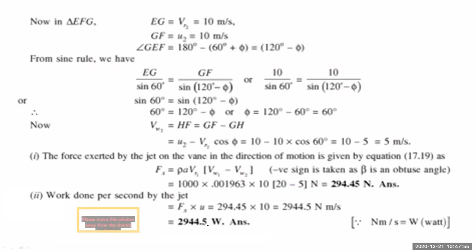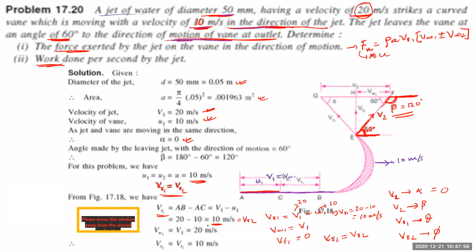Next, we need that velocity triangle diagram here also for better clarification. Let me see how I can get it from there to here. Or I'll explain it on this slide only, because here we have the velocity triangle diagram. Now we know VR2.